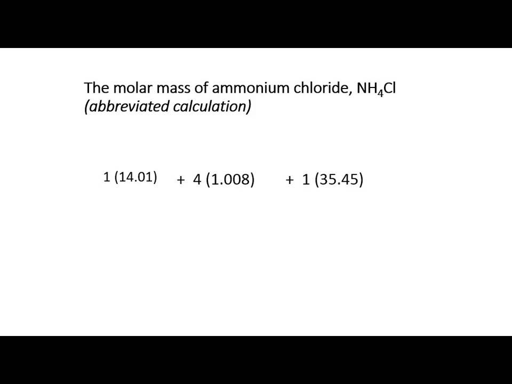And multiply and add together, and you find out how much, actually that's an ionic compound, so how much a formula unit of that weighs, but its units are going to be grams per mole. So rounded to 2 decimals, I get 53.49 grams per mole. Not bad.